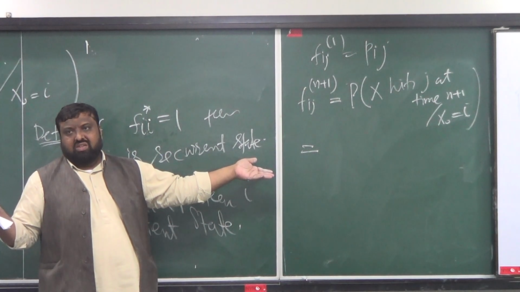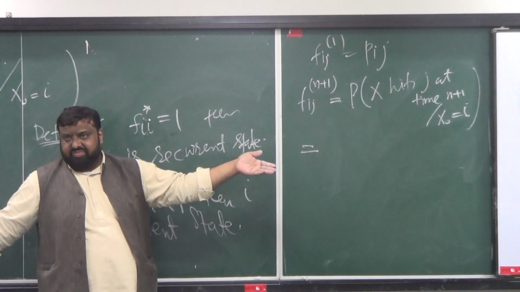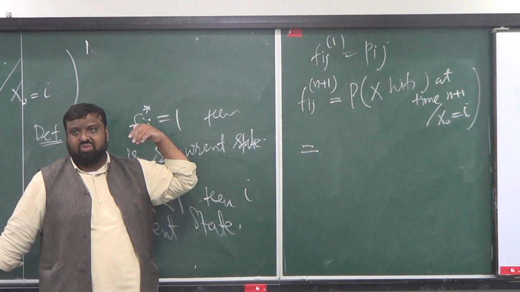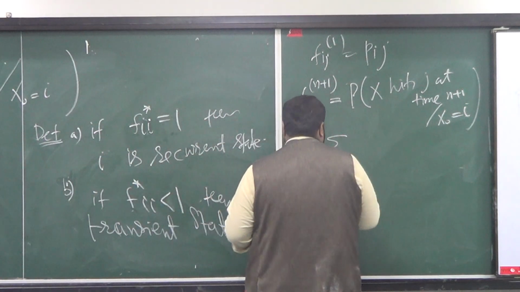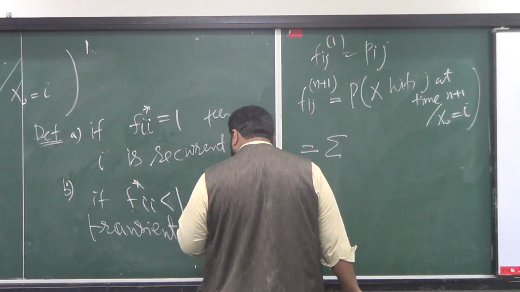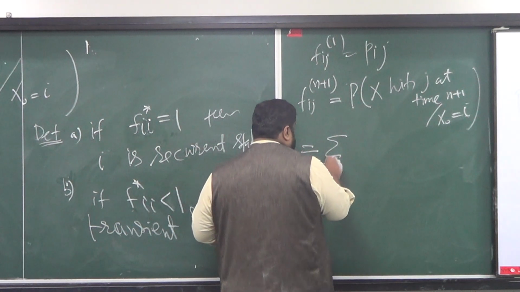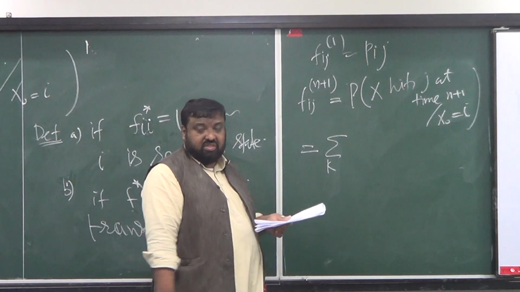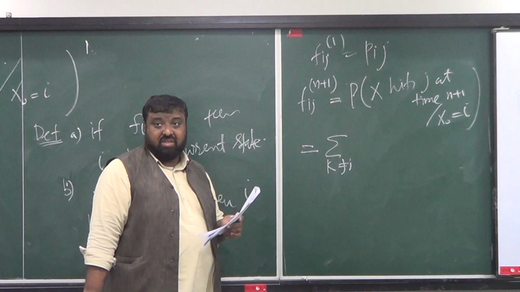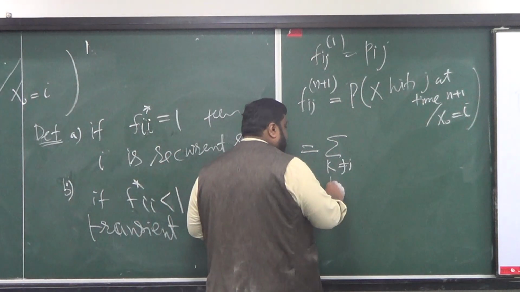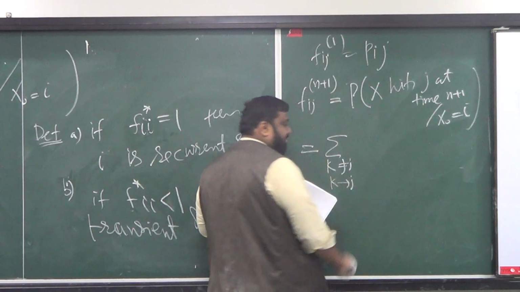It could be anywhere else in the state space, except j. So I want to write this as a sum over a state k which is different to j, but we need to make sure of one thing: that it must lead to j.